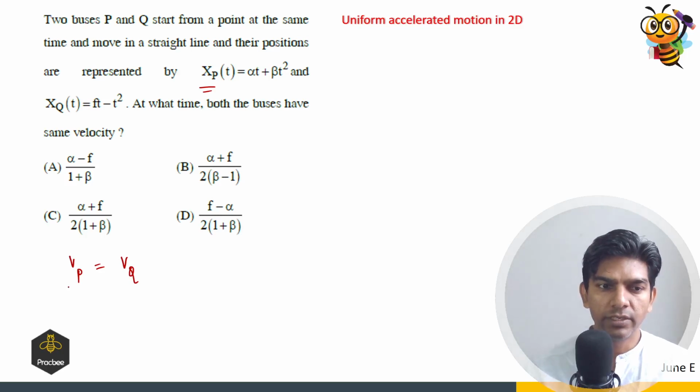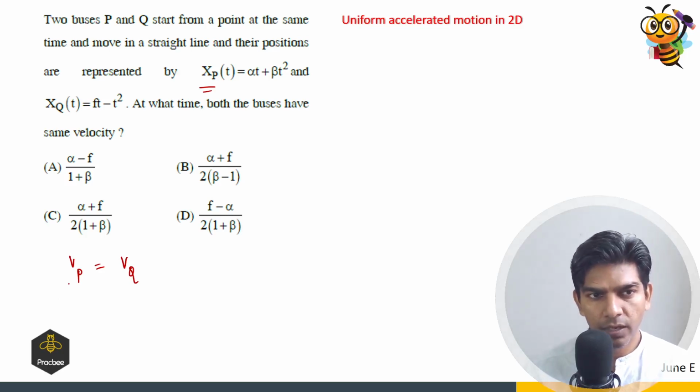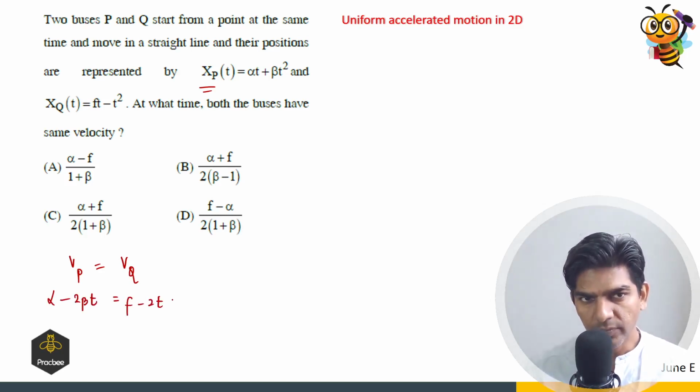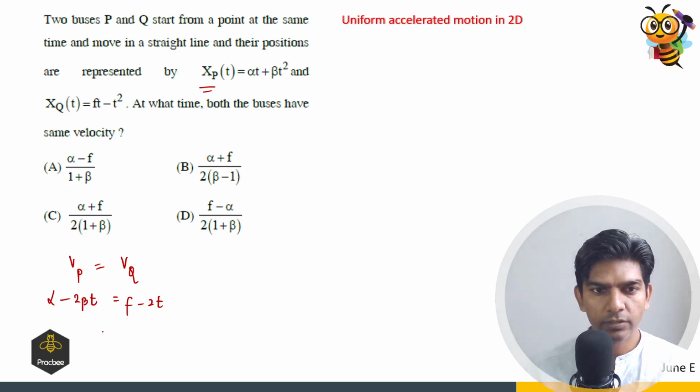So if I differentiate that, alpha, beta and f are constants. So it will be alpha minus 2 beta t, and q will be f minus 2t, and we have to find the time. So it is nothing but f minus alpha divided by 2 times beta minus 1.